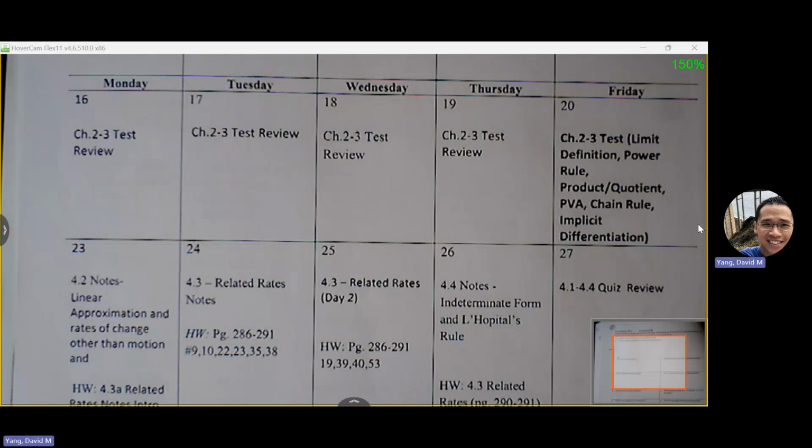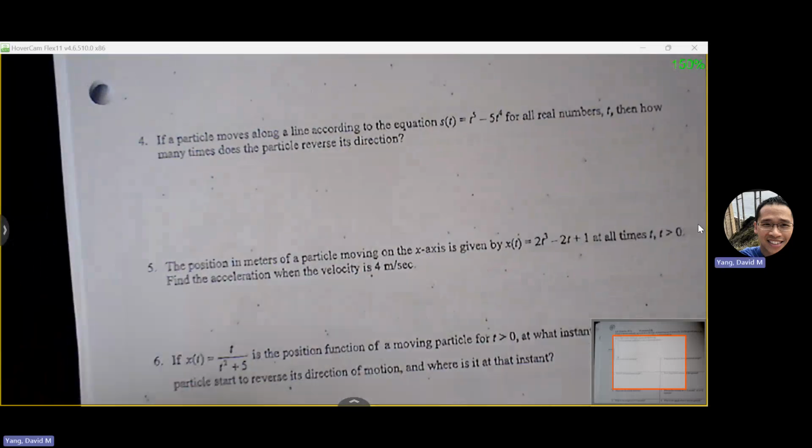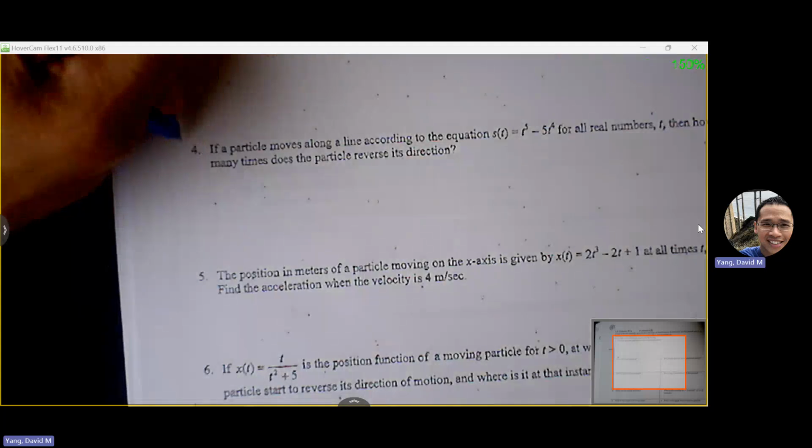Okay, let's go to page 29. Let me run through a few things with you here. So page 29, number 4.